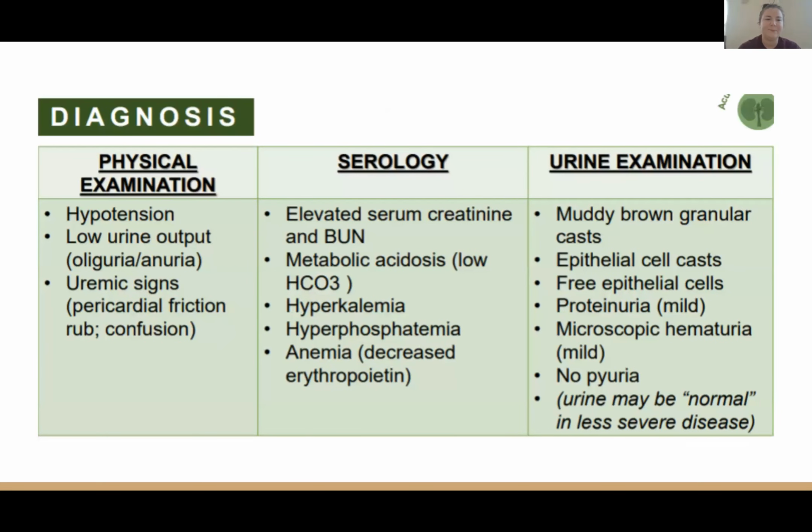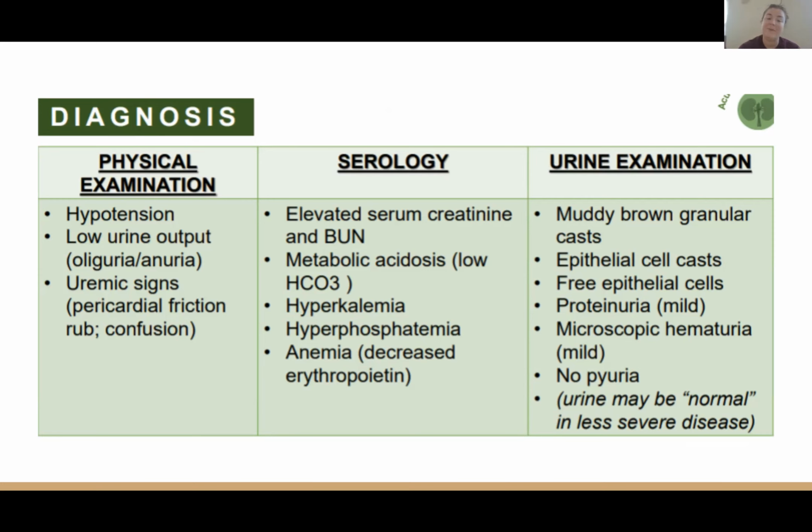So diagnosis, they're going to be hypotensive, low urine output, we talked about that. They're going to be uremic. Serology, of course, we talked about elevated serum creatinine and BUN, can get metabolic acidosis. Why? Because the kidneys will excrete hydrogen ions. And so if you're not getting the hydrogen ions out, they're staying in your body.